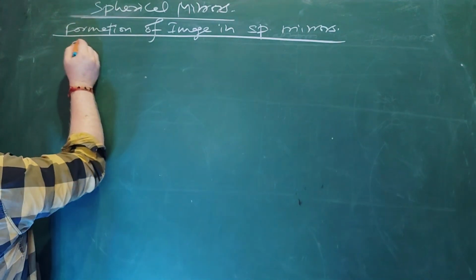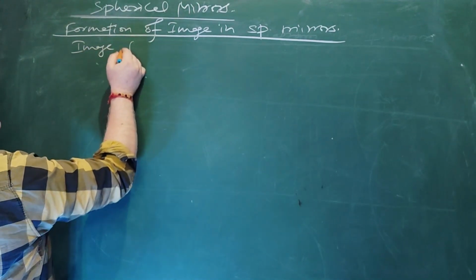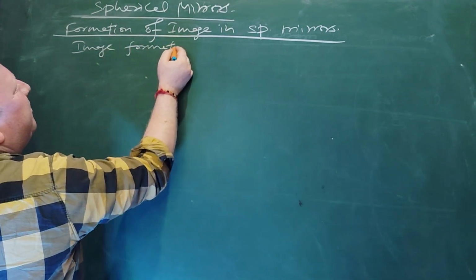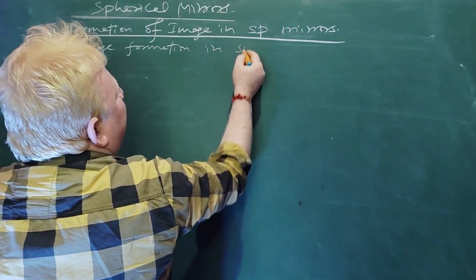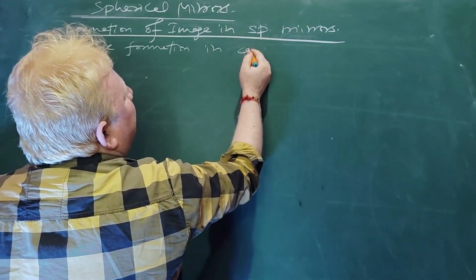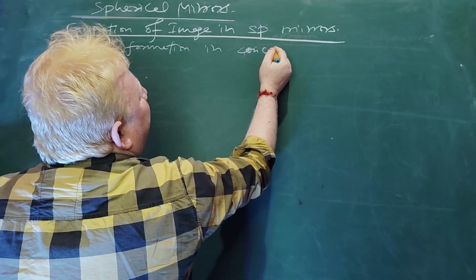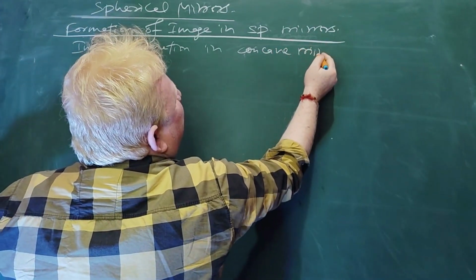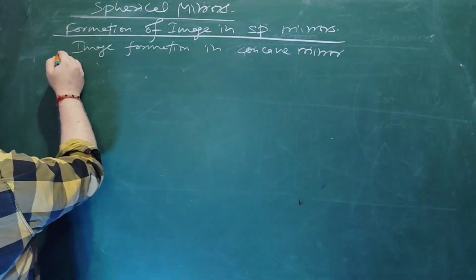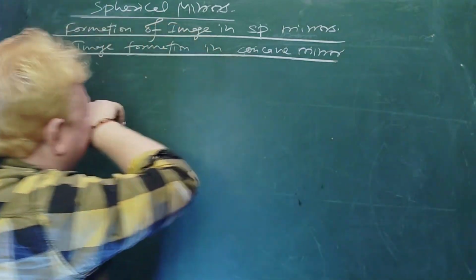First of all, let us see image formation in a spherical mirror, meaning the concave mirror. One by one we will discuss.